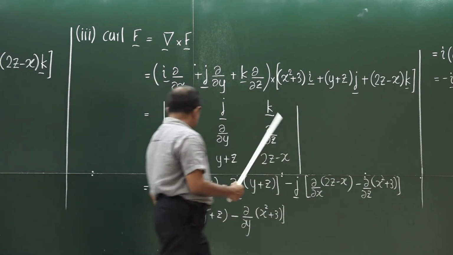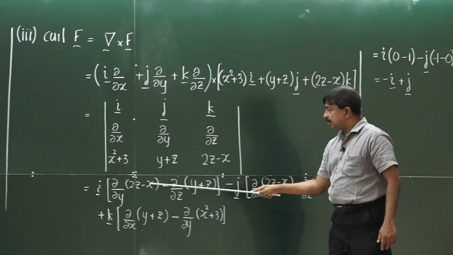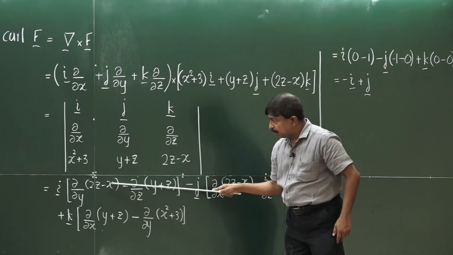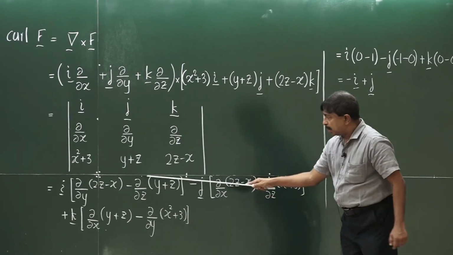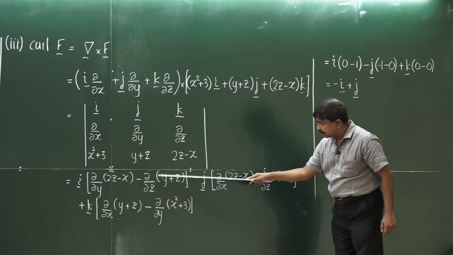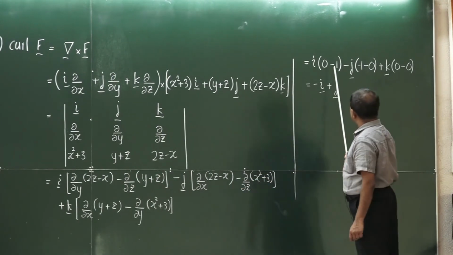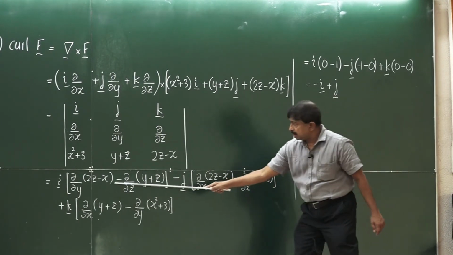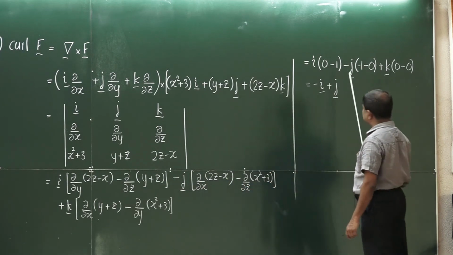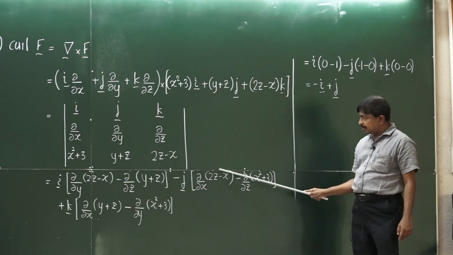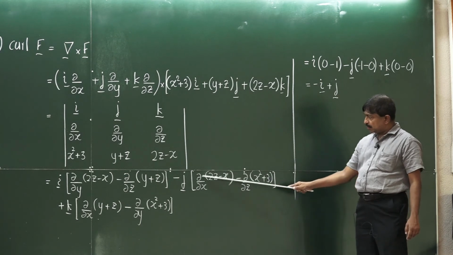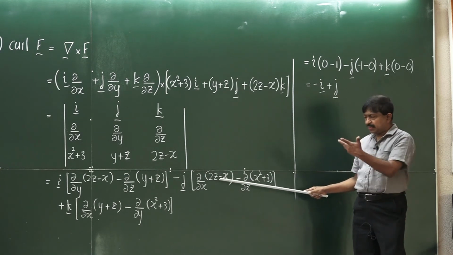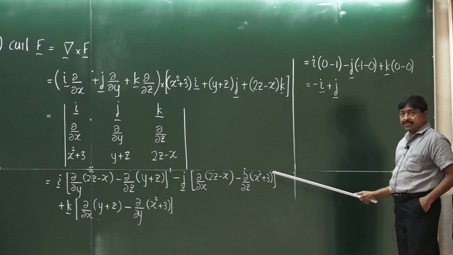Now, you simplify it. So, i times the partial derivative of this is 0 because it is free of y, partial over partial z of this one is 1. However, you have a minus sign here in front, therefore, it is minus 1, then minus j times, here the partial derivative of this is minus 1, it is straightforward, no explanation is needed.